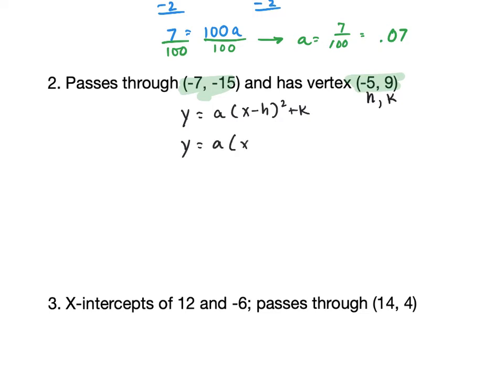And so the problem almost solves itself at the very beginning. Be careful here, we get double negatives. And k is positive 9. And so that double negative x minus negative 5 becomes positive. So there we go. That is the equation for this parabola, except we don't know the value of a.